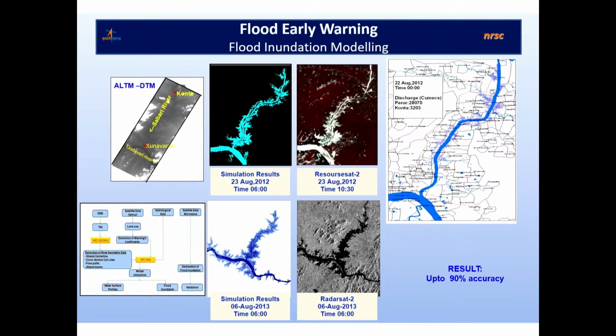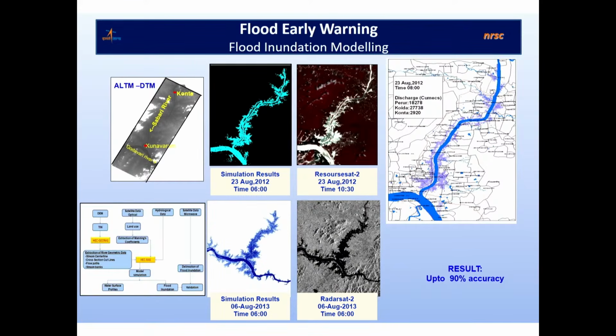And this is one of the examples of what could be the extent of inundation at different discharges. This could be done, and the results can be calibrated and validated by using different satellite data and the ground observation from the gauge levels.